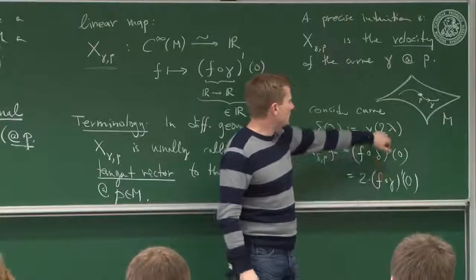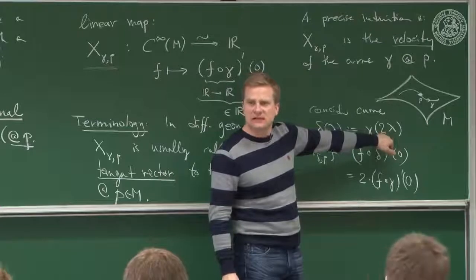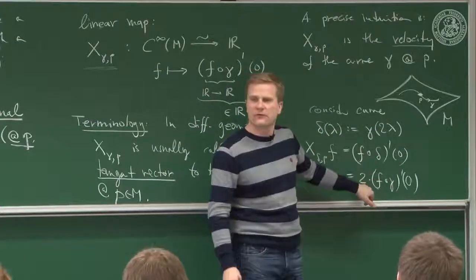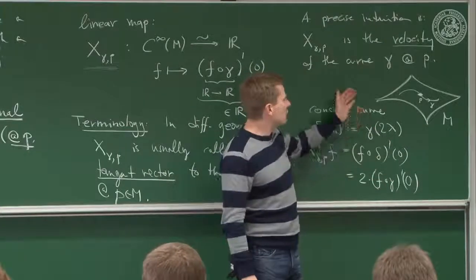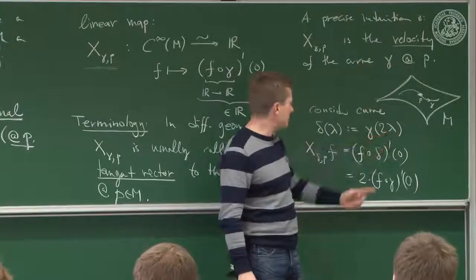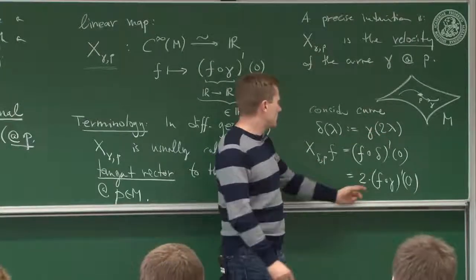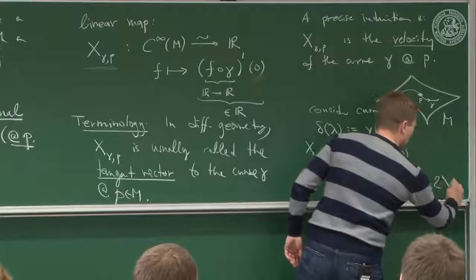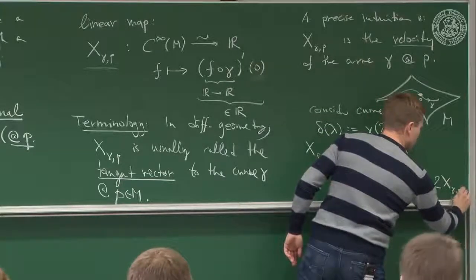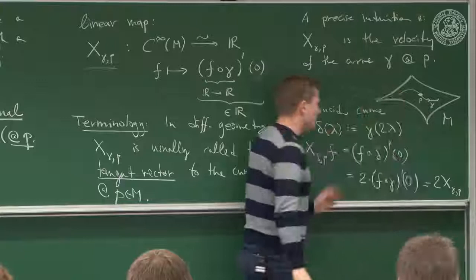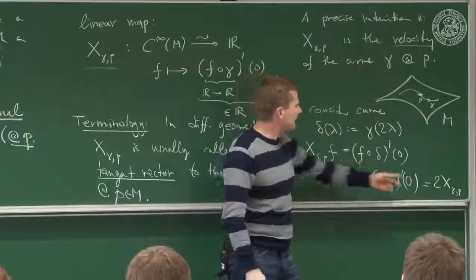It goes here. And of course, any other factor, 3 times, 20 times, pi times, will pull in front. So indeed, if you run through the curve at double the speed, you get double the x gamma comma p. You get a vector that's double as long.